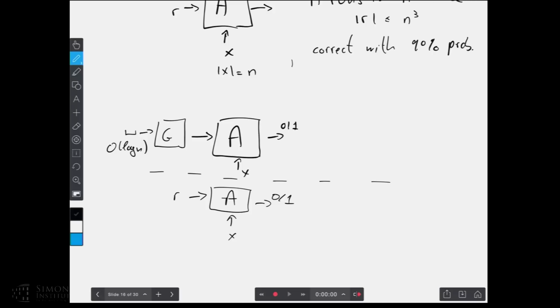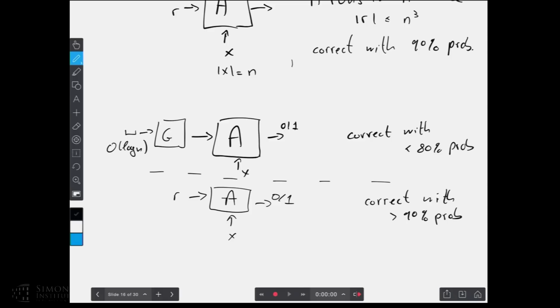Suppose here it's correct with less than 80% probability, while by our analysis it's correct with more than 90% there.